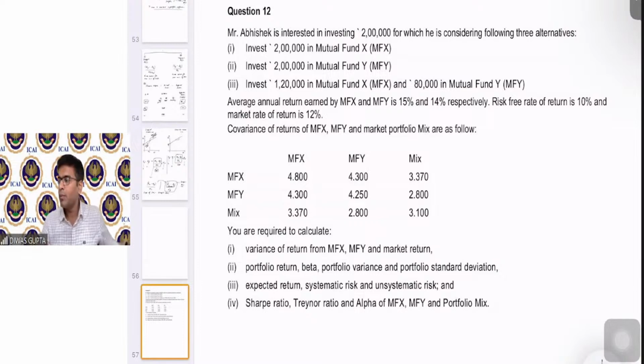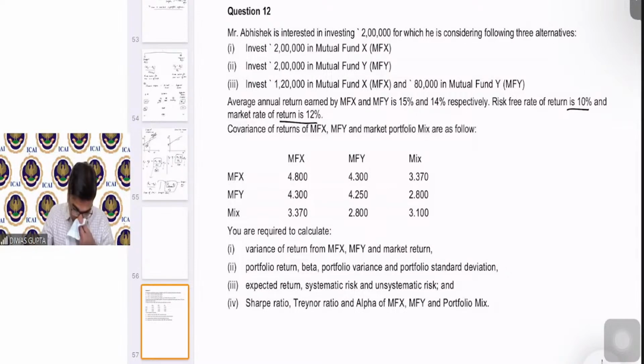Invest 2 lakhs in mutual fund X, invest 2 lakhs in mutual fund Y, invest 1,20,000 in X and 80,000 in Y. The average annual return earned by MFX and MFY is 15% and 14% respectively. Risk-free rate of return is 10% and market rate of return is 12%. They have given these two data points also.